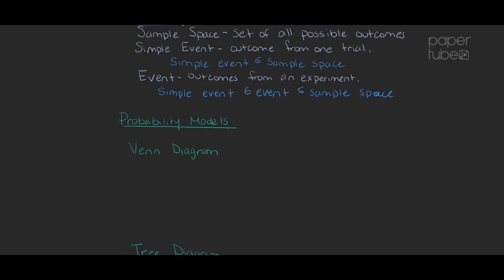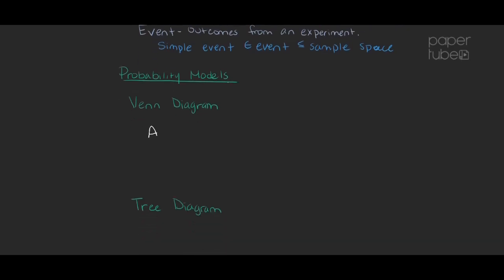So first I want to label the different outcomes that I am interested in. In this case, we're going to label A for any time you have a simple event where the type A blood pops up. And the second one is Rh negative.